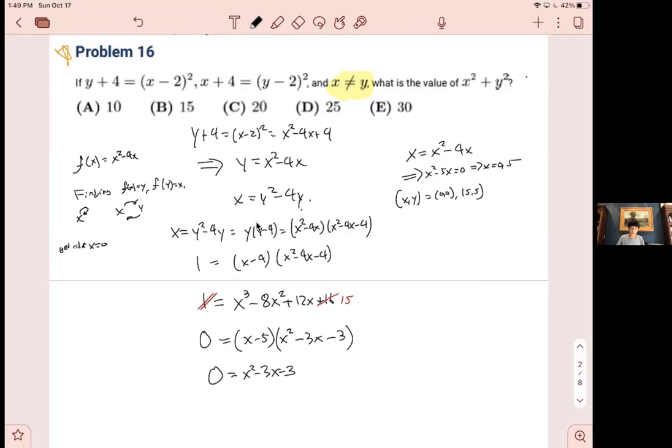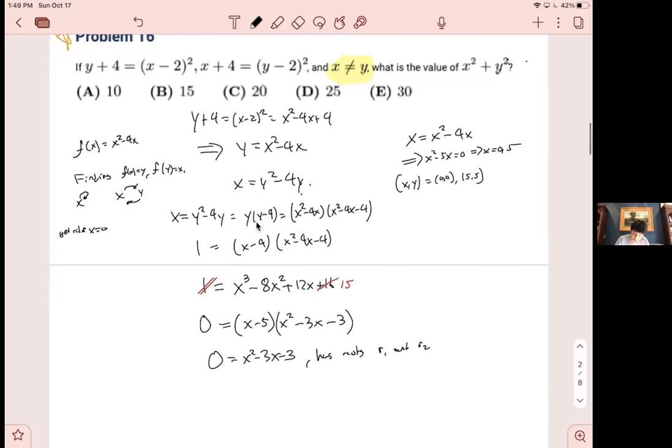And so it should be unsurprising that we're left with x squared minus 3x minus 3, because the two solutions to x squared minus 3x minus 3 will represent the value of x and the value of y. If it has roots r1 and r2, based on the algebra we've just done, f of r1 equals r2 and f of r2 equals r1.